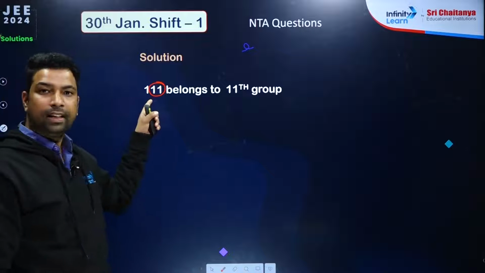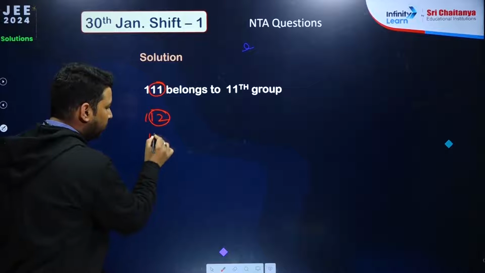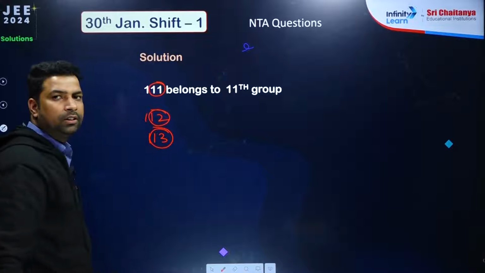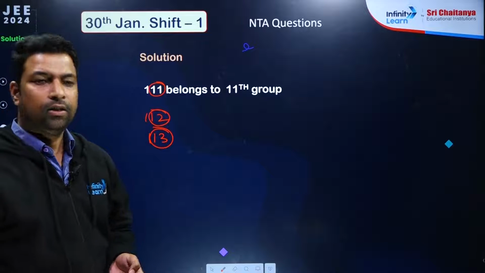So last 2 digits is 11. Suppose we have 112, which group? 12. 113, which is 13th group. So this is the shortcut. Last 2 digits will give the group number.